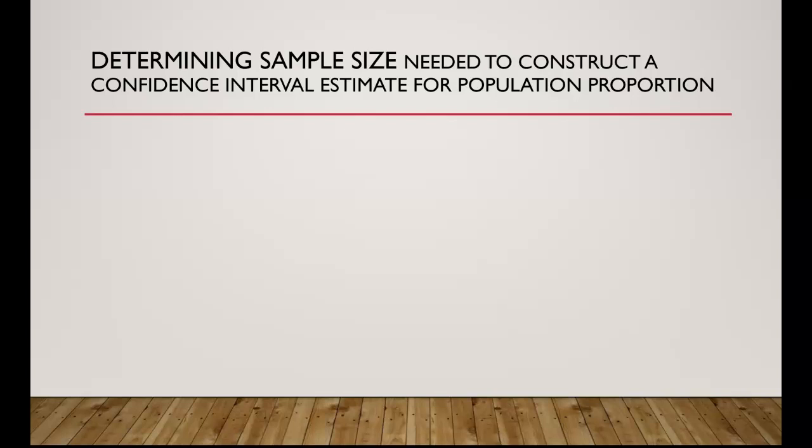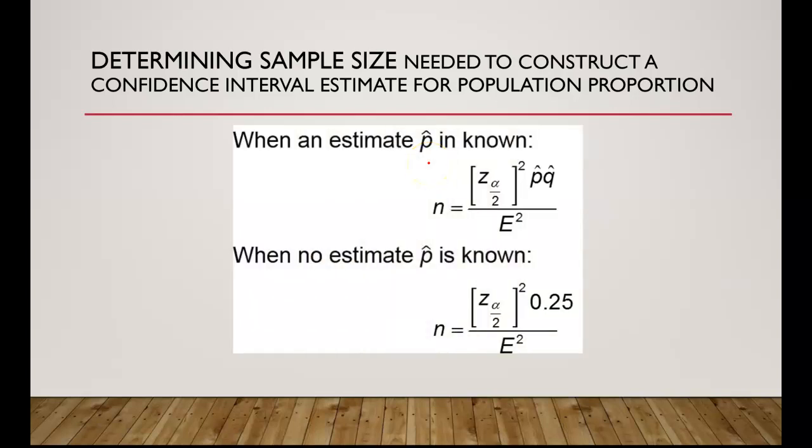Now let's learn how to determine a sample size needed to construct a confidence interval estimate for population proportion. When we do know sample proportion, then we use the formula z of alpha over 2 squared times p hat times q hat divided by margin of error squared. If we do not know the sample proportion, then we use the following formula: z of alpha over 2 squared times 0.25 divided by margin of error e squared.